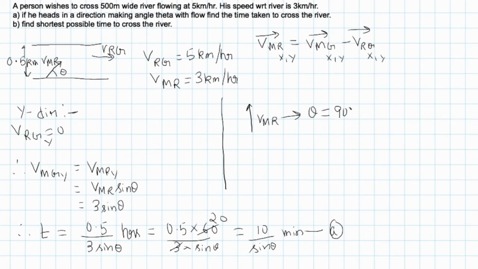Therefore, time shortest is equal to 10 by sine of 90 minutes, which is equal to 10 minutes. So this is your answer B. I hope this is clear. Now let's move on to the next question.